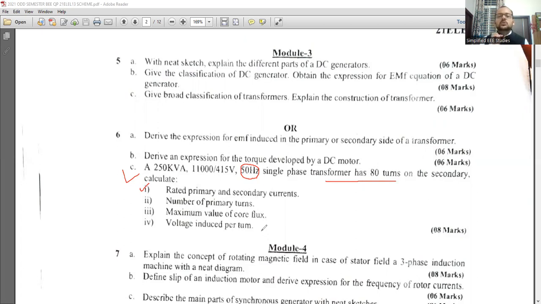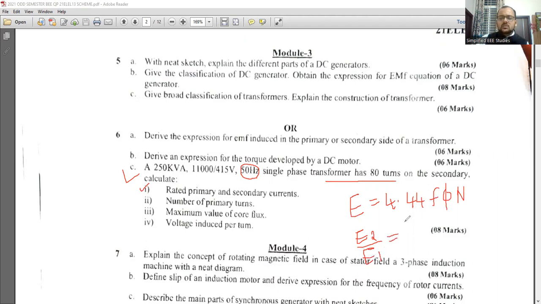Here, what you need to know is the EMF equation. What is the EMF equation? E is equal to 4.44 into f into phi into N. This is the EMF equation. Another thing you need to know: E2 by E1. Somebody will write V2 by V1; both are correct.